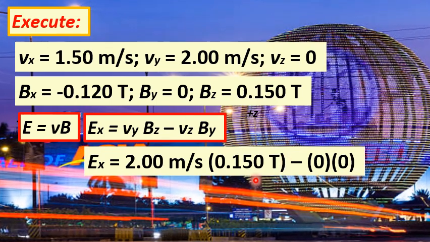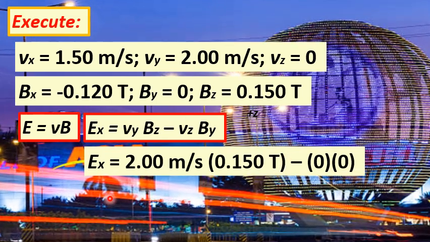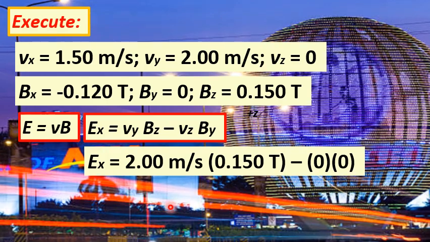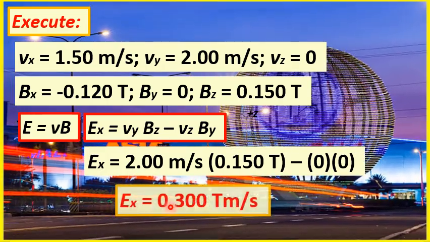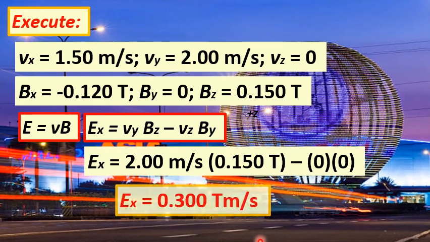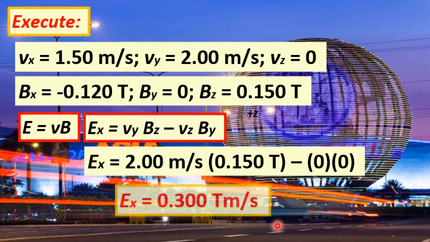So that means the x component of the electric field, or E sub x, is equal to 0.300 Tesla meter per second.